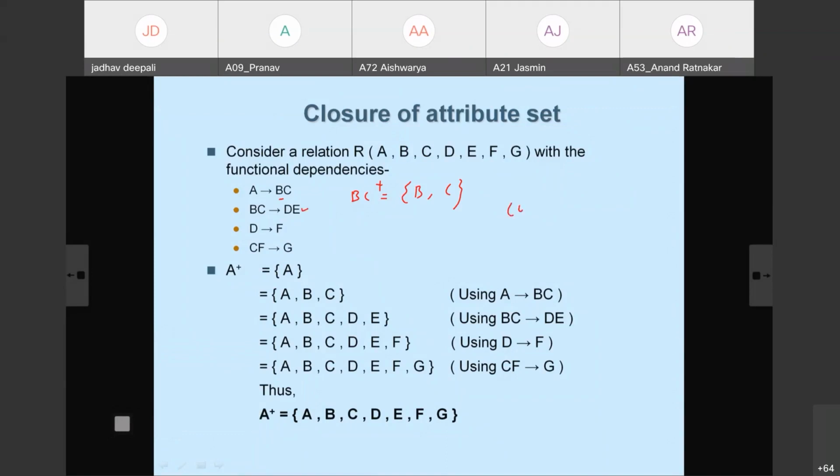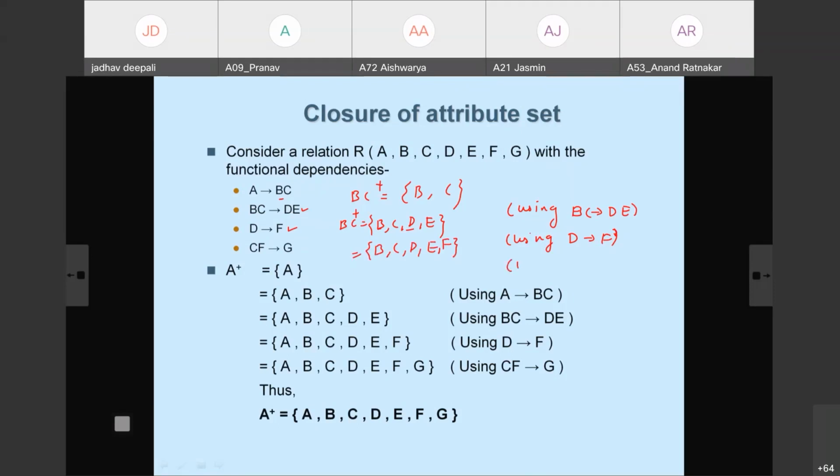Using the next functional dependency, BC tends to DE: as BC is already in the result, BC closure is equal to BC and DE. Now the next functional dependency, D tends to F. Using D tends to F, where D is already in the result, we add F in the result.